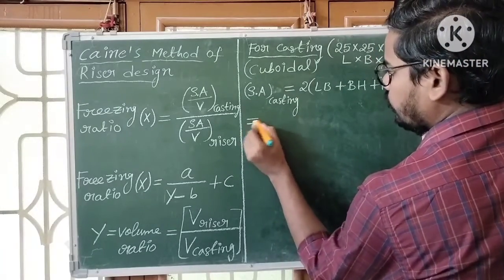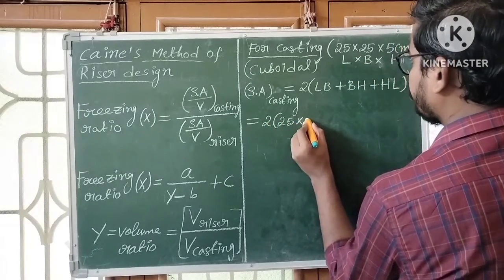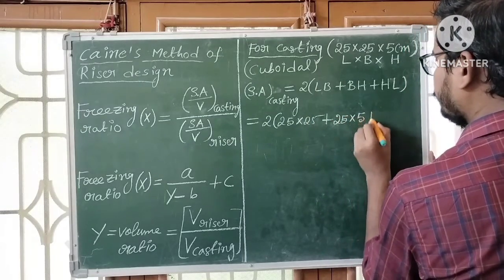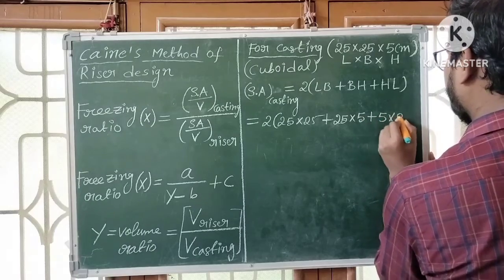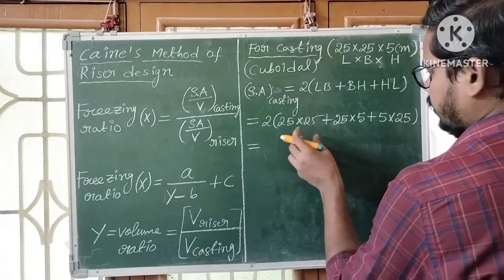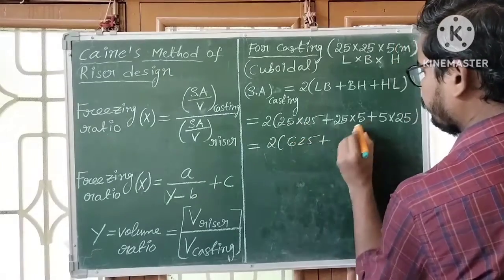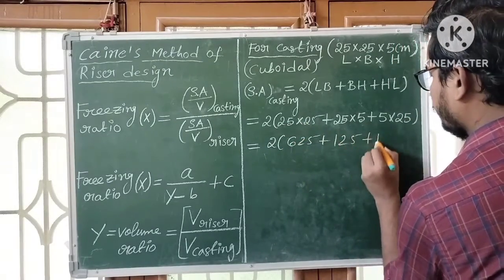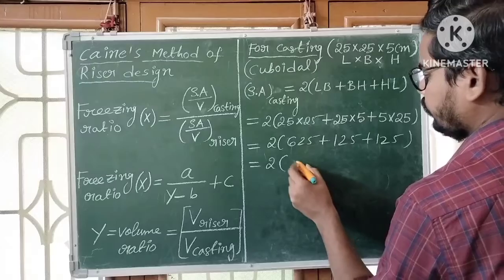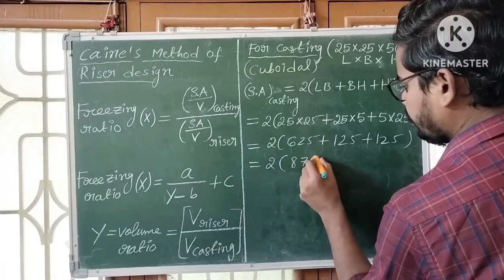Now substitute all values: 2 into (25 into 25, plus 25 into 5, plus 5 into 25). Simplifying, 25 into 25 is 625, plus 125 plus 125 is 250, so 625 plus 250 is 875.